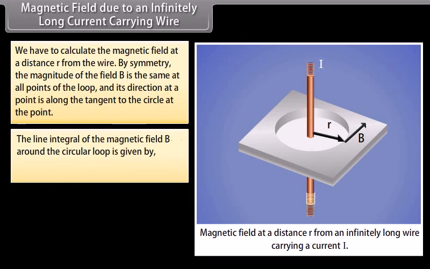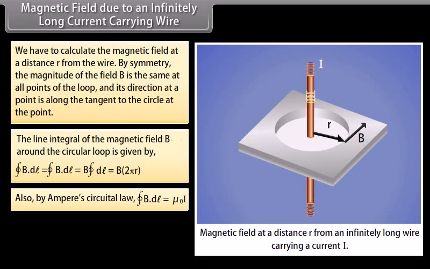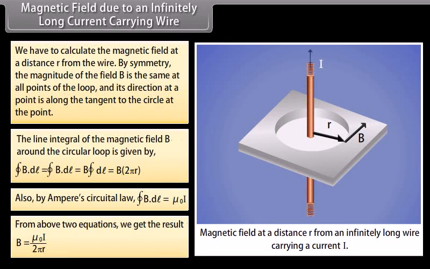The line integral of the magnetic field B around the circular loop is given by product B and 2 pi r. Also, by Ampere's Circuital law, closed integral of B dot dl is equal to mu naught I. From above two equations, we get the result B is equal to mu naught I divided by 2 pi r.